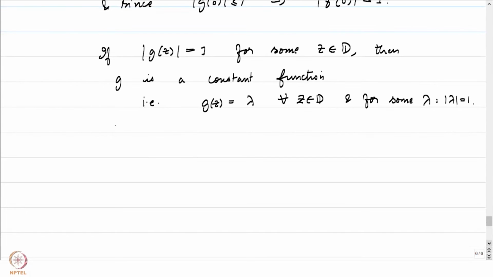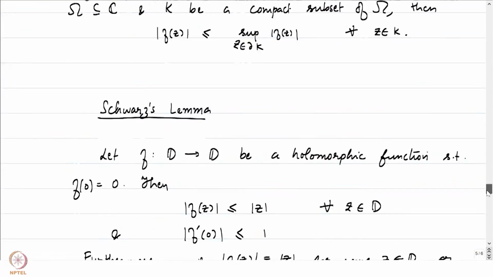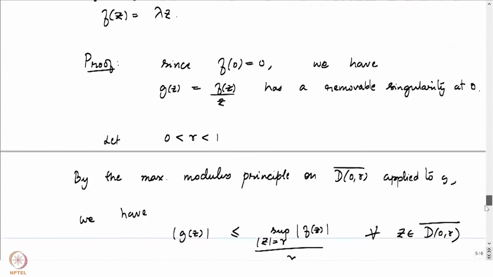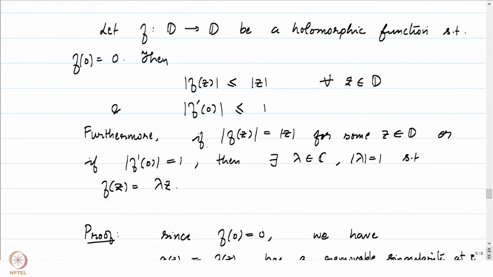But that translates to saying that f(z) is equal to lambda times z for all z in D, including the point z equal to 0. So the maximum modulus principle, the strong version rather, tells us that if you have the function satisfying the condition that the absolute value of f(z) is equal to the absolute value of z for some z in D minus 0.